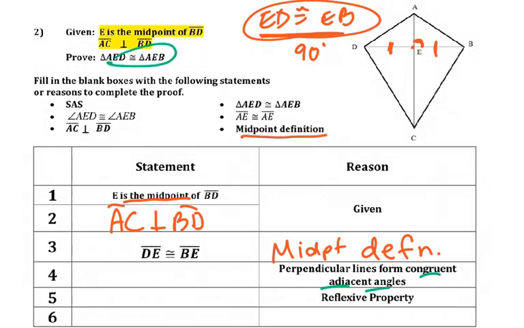I'm trying to prove that these two triangles are congruent to each other. So it wouldn't help me to say that these two were the congruent angles. What would be helpful is if I said that those two angles were congruent. So angle, not triangle, angle AED is congruent to angle AEB.